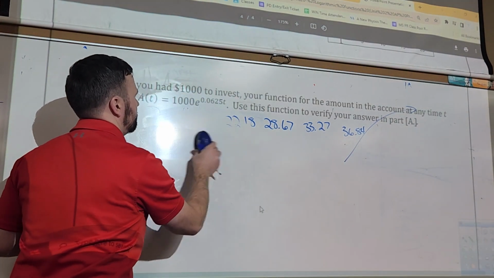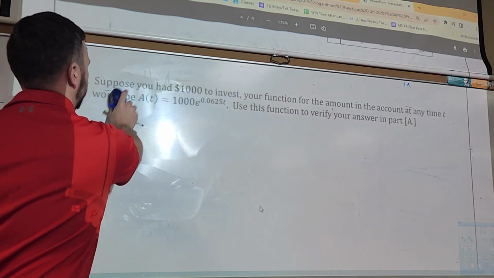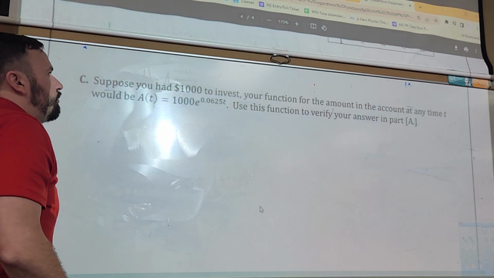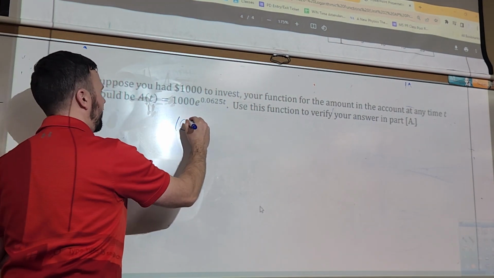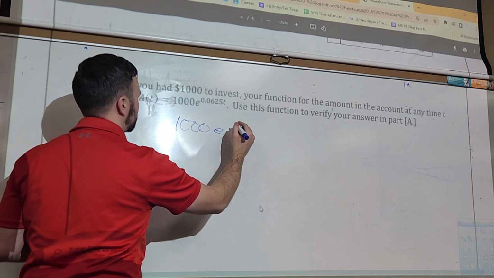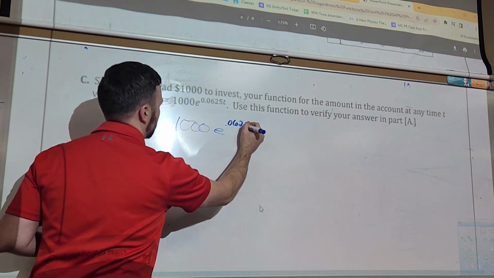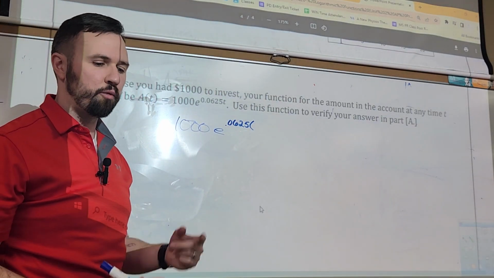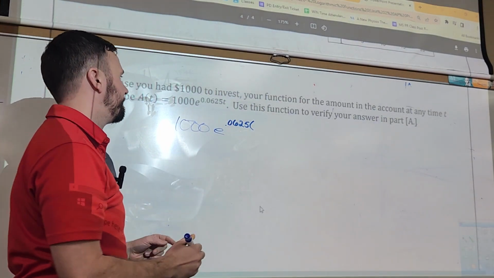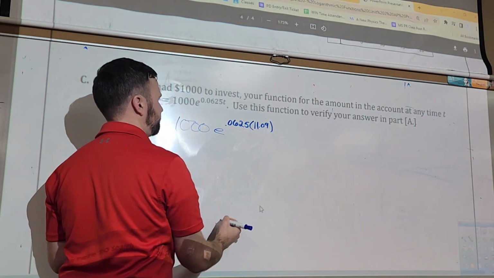So we got 11.09 years, right? So based on that, if I had $1,000, what should I plug into T? What I got up above to double it? All right, I'm going to plug this in my calculator.